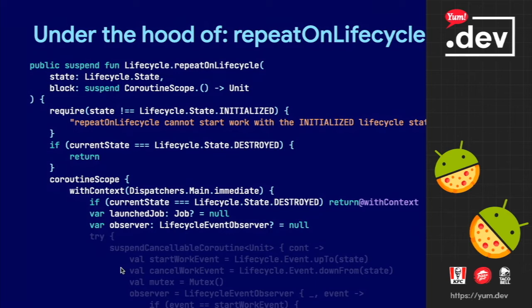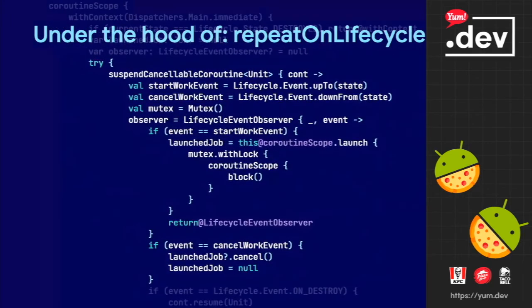And the thing starts getting interesting because you start using the coroutine scope, and you move everything to the main thread. And what is going to happen in here is that you are going to create a job and an event observer. Inside of this, you are going to start seeing what is the event you are going to trigger after the state you are starting the flow.